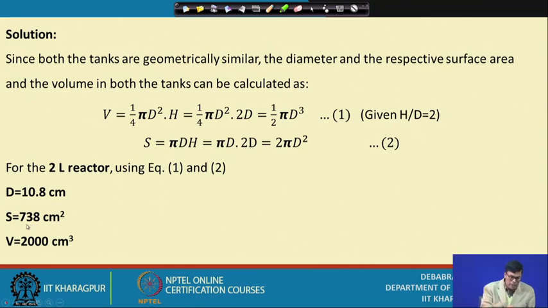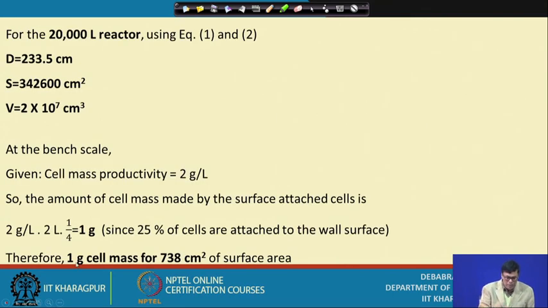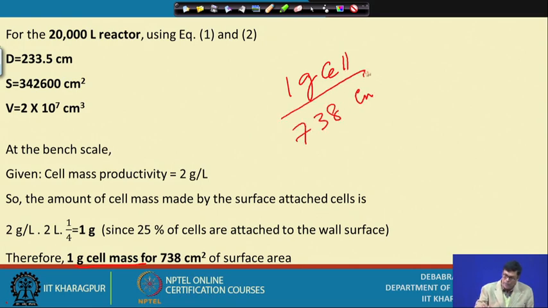This is 734, am I right? 38. So, 1 gram of cell, that means 1 gram of cell is for 173 square centimeter surface area. So 1 gram cell present in 7 centimeter square, that we have already found out.